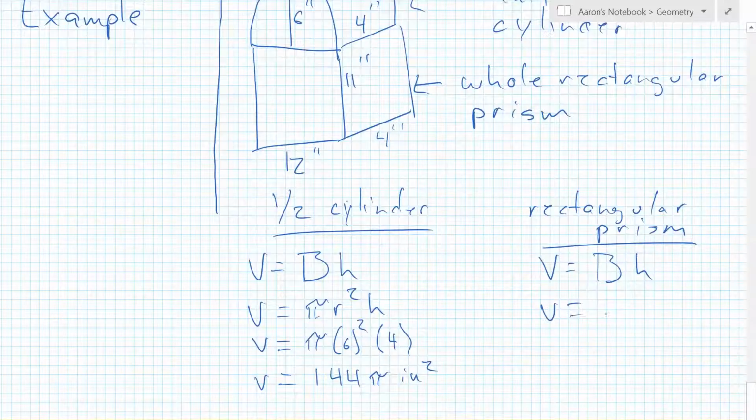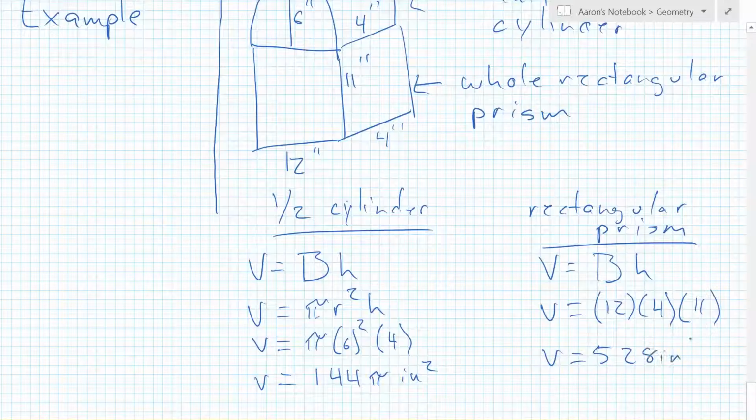Now for this one, we've got a base of 12 times 4. Volume equals 12 times 4, and we have a height of 11. 12 times 4 times 11 gives us 528 inches squared.